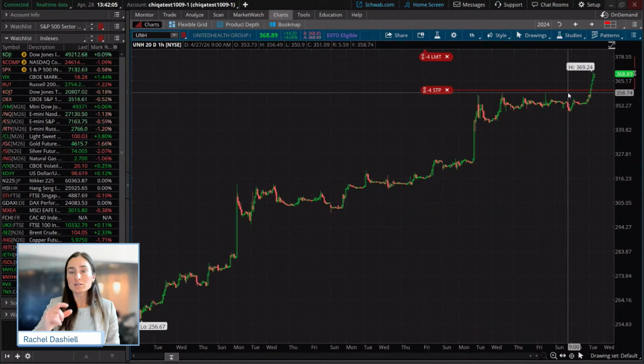We only want that to be roughly 0.5% of our account to 1% of our account. So that gives us a trade risk room of roughly $1,000 to $2,000 that we're willing to actually risk on a trade before we're saying, hey, we're wrong on this trade, we want to get out.